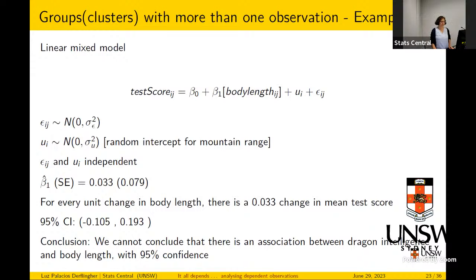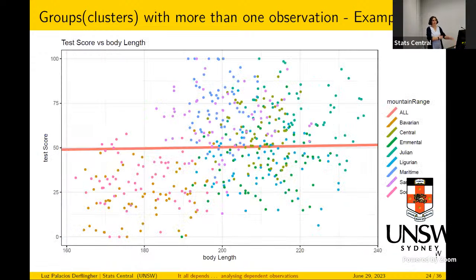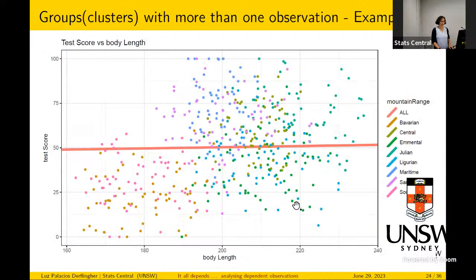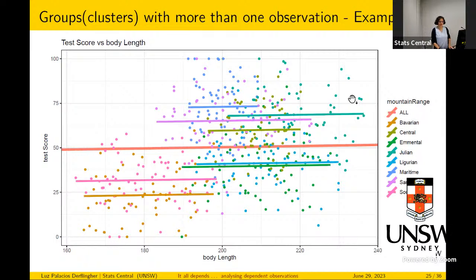Now, if we did this random effects model, this line would be, using this beta 1 hat, my overall line, my mean line. But then for each of the ranges, that's the idea with the random intercept, right?